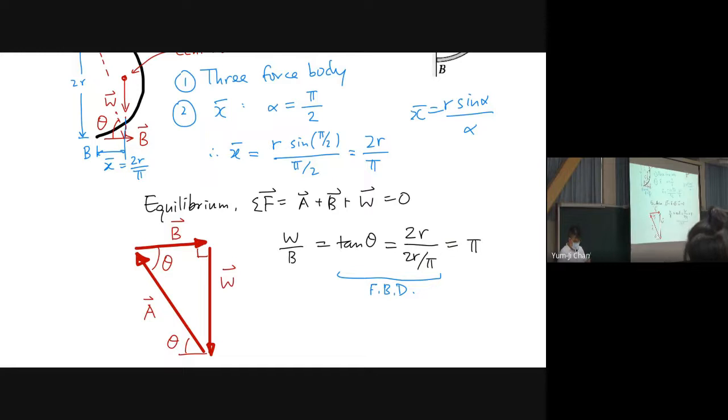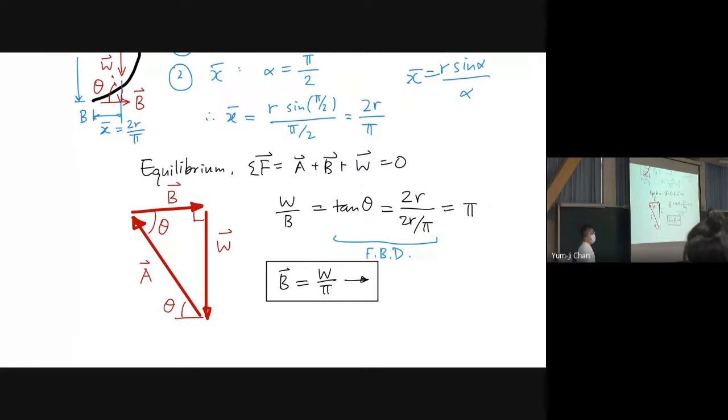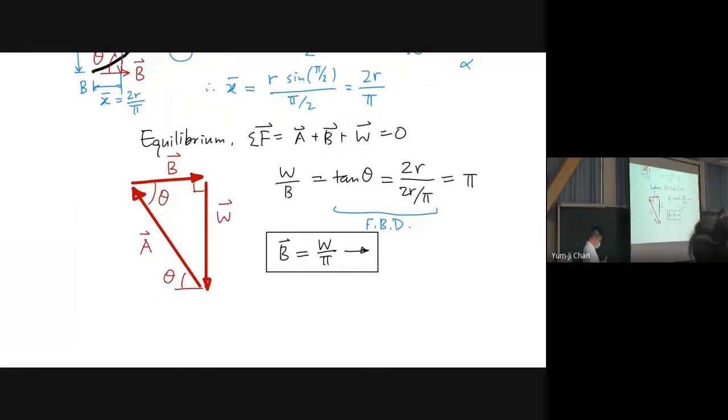Therefore, B is equal to W over pi to the right. And I think you can do the rest, because A squared plus B squared equals W squared.